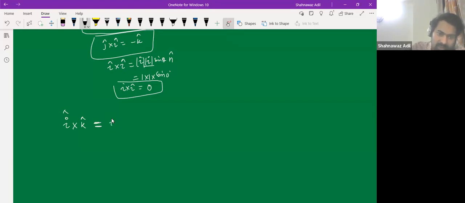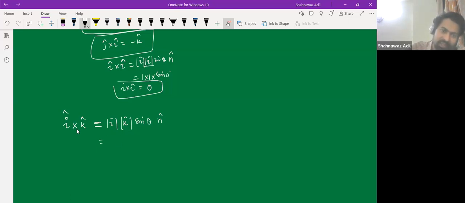So I cross K would be the magnitude of I, the magnitude of K, sine of the angle between I and K, and n hat. What is the magnitude of I hat? 1, right?